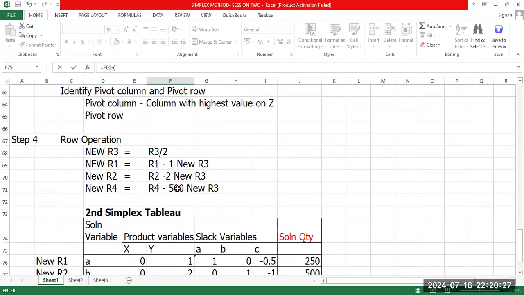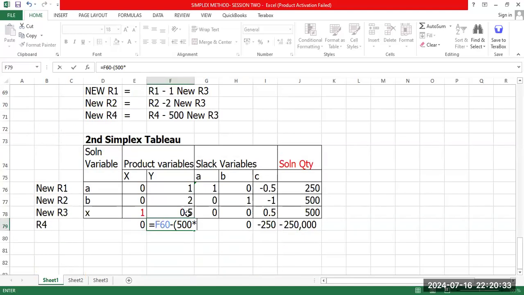Then you write 500 times new row 3. What is new row 3? It is here. This is your new row 3. Close bracket and you do this and see whether you are getting the same.